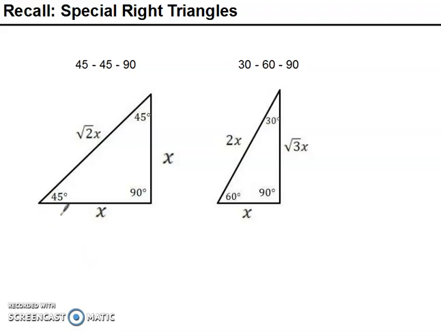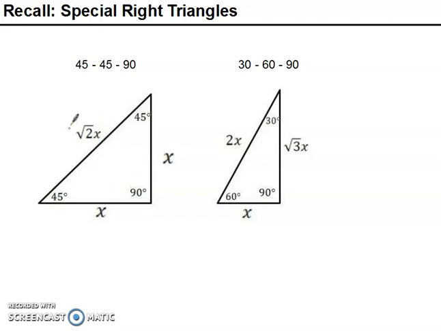Now the reason that we know that this is isosceles is because we have two congruent angles, 45 and 45. Each of those 45-degree angles points to one of two congruent sides. So if I call one of those sides x, then I know that the other is automatically x.